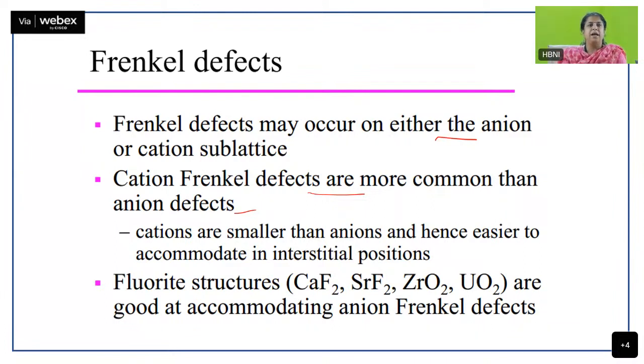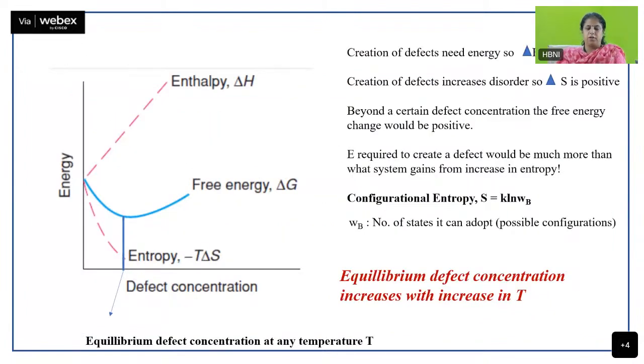However, in case of the calcium fluoride structure, we talk of calcium forming an FCC lattice and fluoride occupying the tetrahedral holes, because in this case your anion is smaller. For the same reason, materials like CaF2, SrF2, zirconium oxide, uranium oxide are better at accommodating anion Frenkel defects and not cation Frenkel defects. Okay.